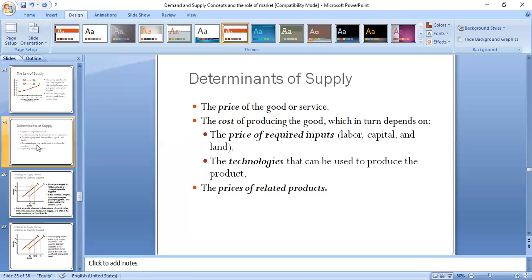Then technology, of course, keeping other factors constant. When technology increases, the higher the level of technology, the higher the output, the higher the quantity supplied. For example, in agriculture, when you use fertilizers, the crop yields will be more than for someone who is not using fertilizers.